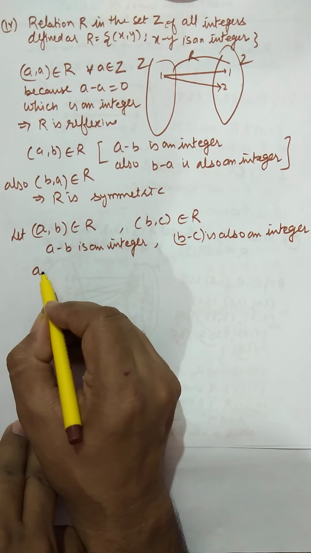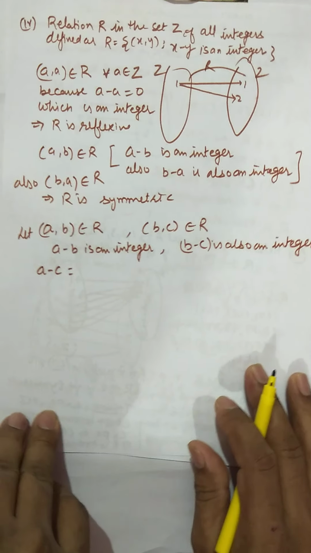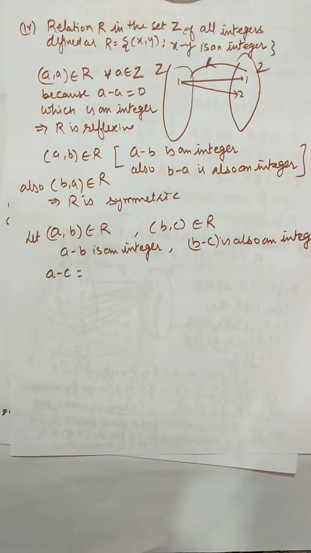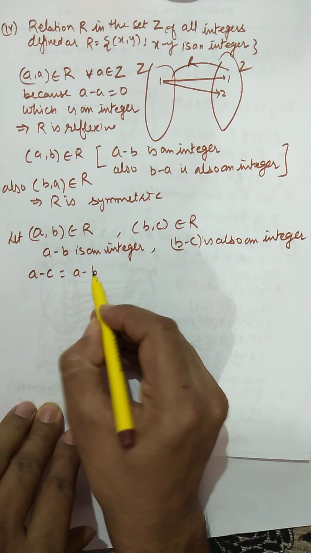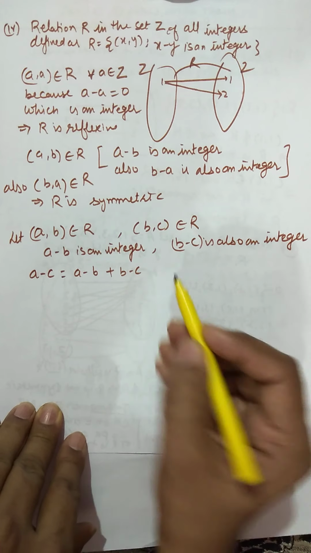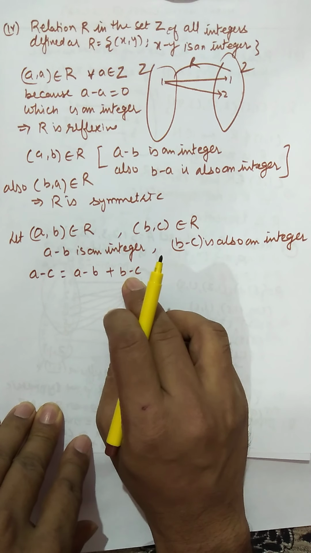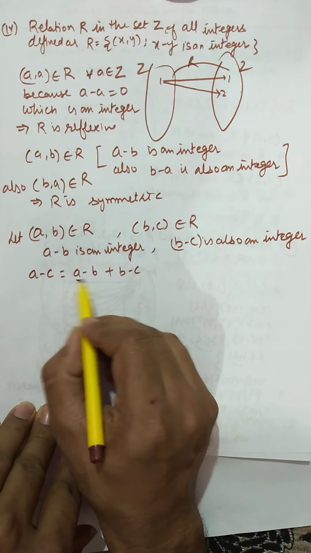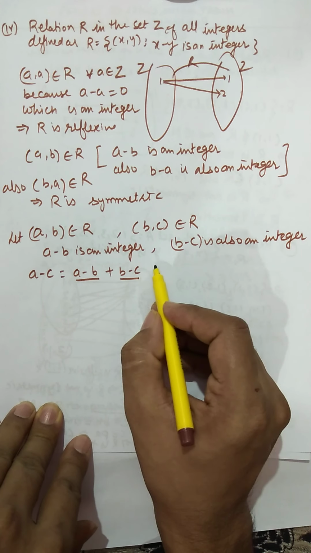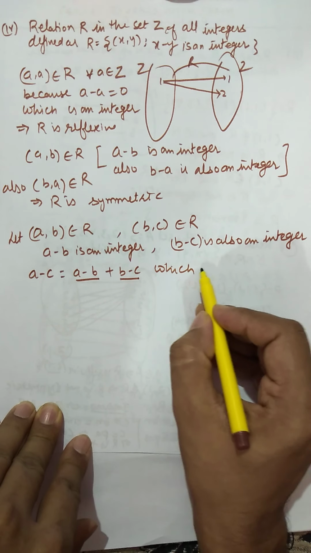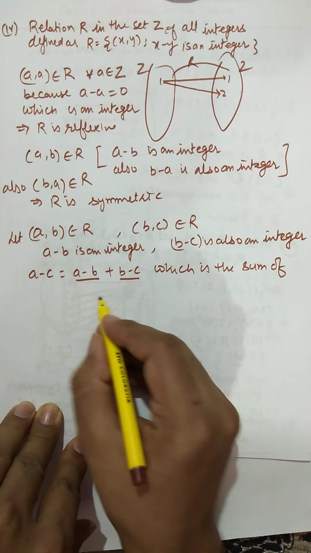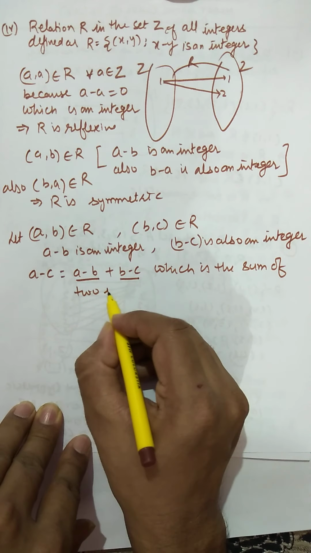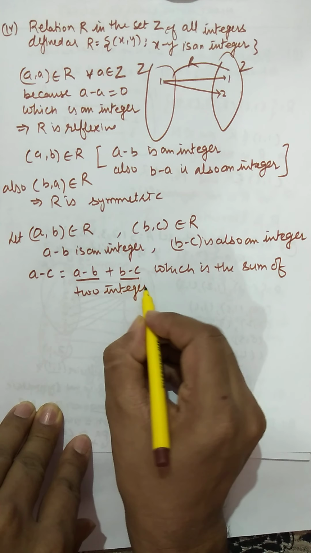Now we take A minus C. That A minus C can be written as A minus B plus B minus C. I'm adding B and subtracting B. So now this part is an integer, this part is an integer, which is the sum of two integers.